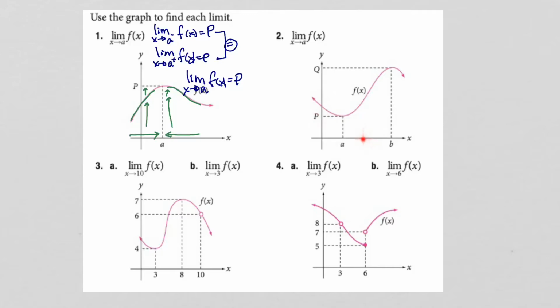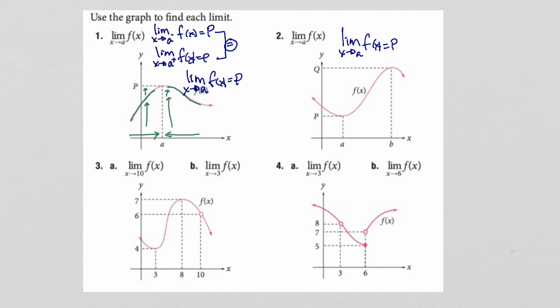And likewise, as you approach from the right side, you're traveling down this curve, getting closer and closer to that point p. So I'm going to conclude that the limit as x approaches a of f of x is p.